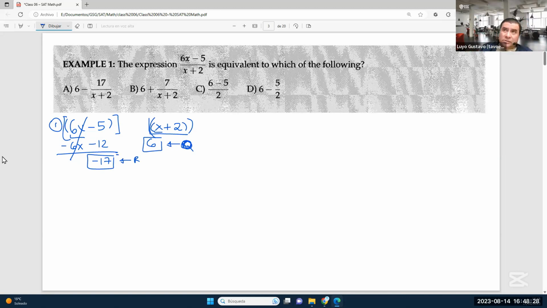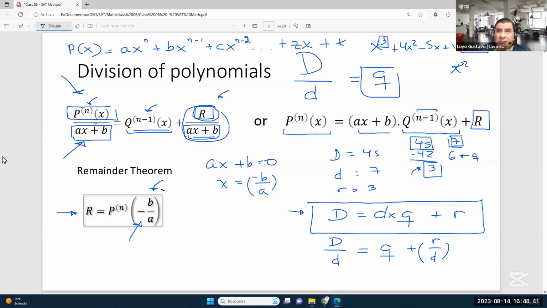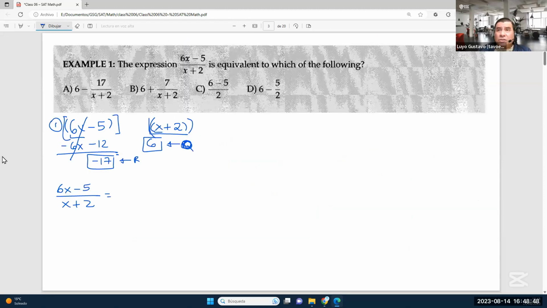In other words, I can say that this expression, (6x minus 5) divided by (x plus 2), according to this structure here would be the quotient plus the remainder divided by the divisor. So what is the quotient? 6 plus the remainder, negative 17, divided by x plus 2. Which one matches? Option A. Okay, that's it.